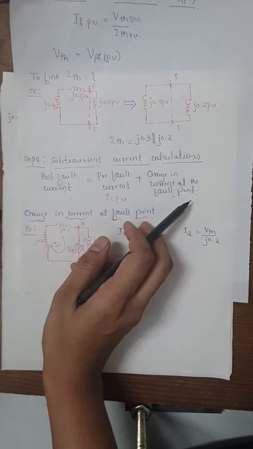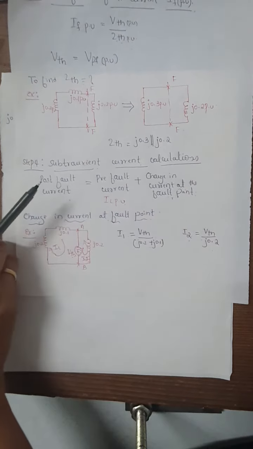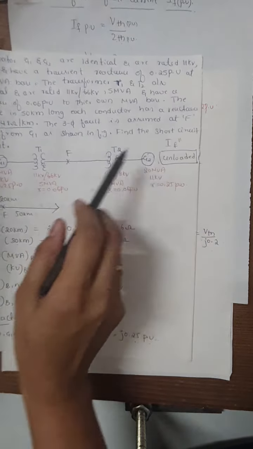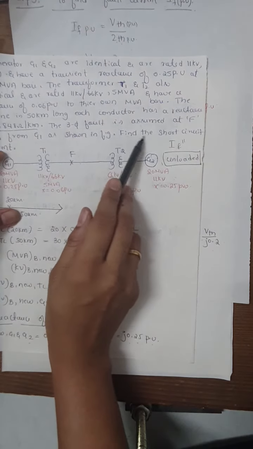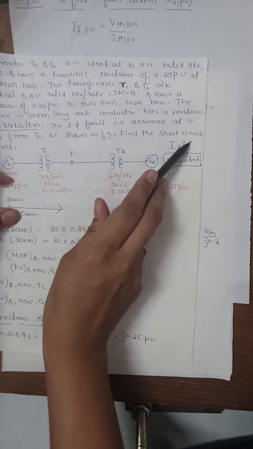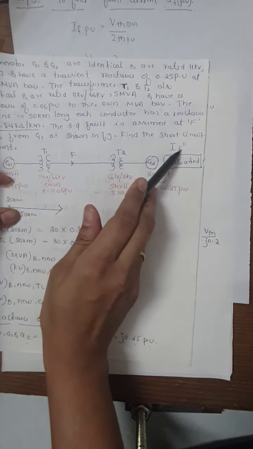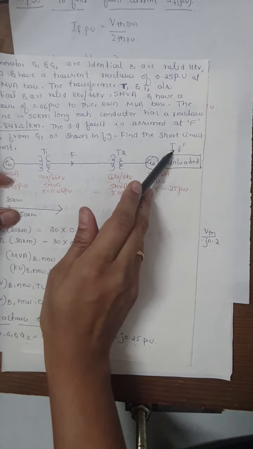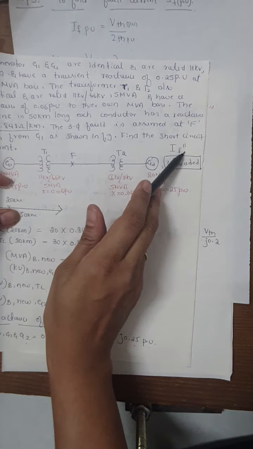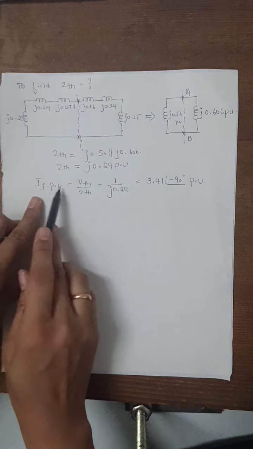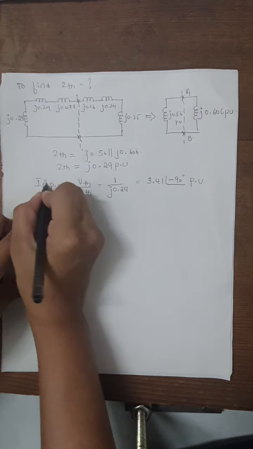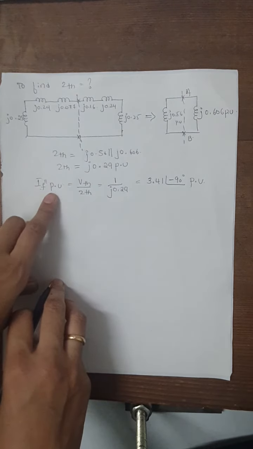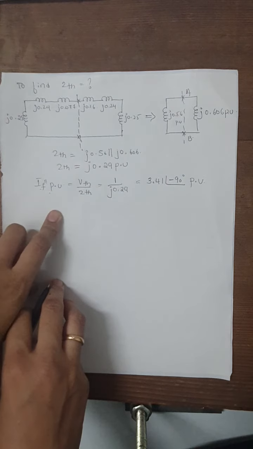But before that, just look at the given problem once. What they have asked in the given problem, they just ask you to find only the short circuit current. Short circuit current is IF double dash, and this value needs to be represented in actual. Already we have calculated this IF double dash value in the third step itself, but this per unit value needs to be converted in actual.